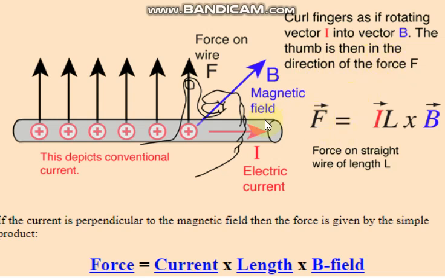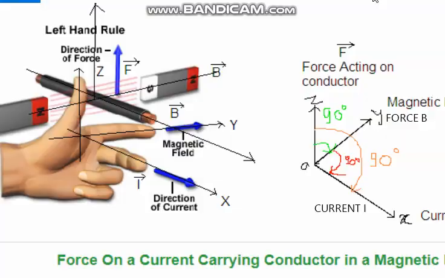So one way to determine the direction of this force on a current carrying wire is to use the simple right hand rule. The other way is to use Fleming's left hand rule. Now here you can see the north pole and the south pole of the magnet, and the magnetic field originates from the north pole, and it is directed towards the south pole.